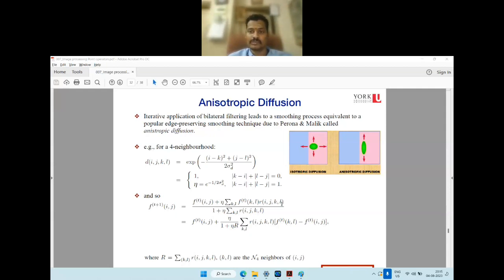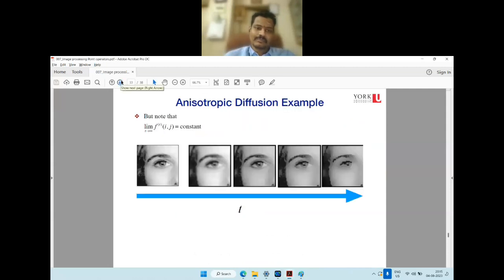This is a very simple example to show the difference between smoothing and sharpening. But when you want to do smoothing and also preserve the edges, then we call it anisotropic diffusion. That's all. There are so many mathematical equations, but they are not required. So anisotropic diffusion.